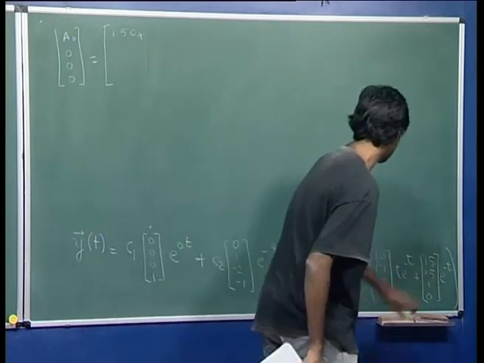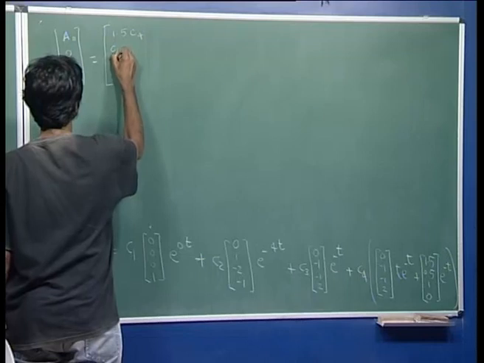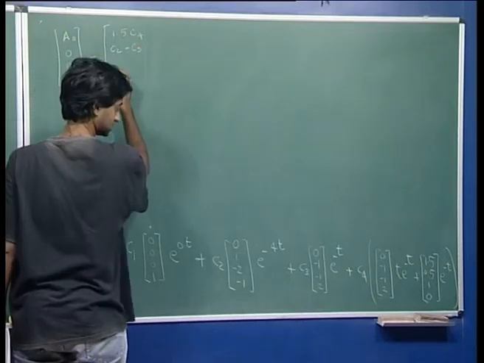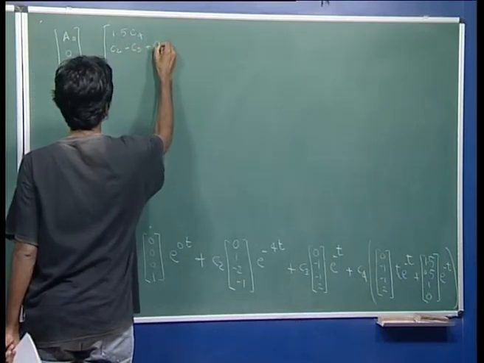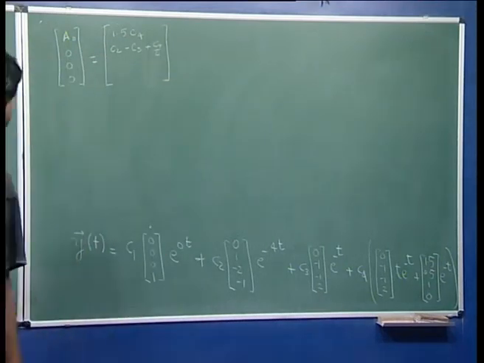So, C4 times 0.5. So, what I will get is C2 minus C3 plus C4 by 2. C4 into 0.5.